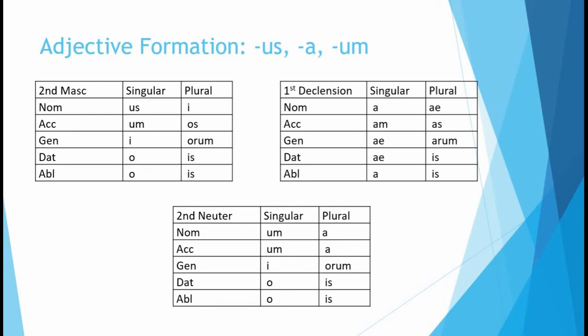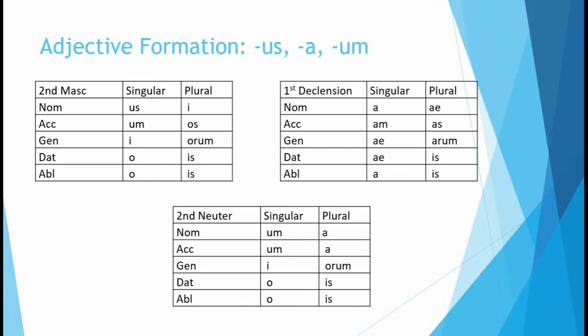So if you were talking about the nominative good girls, for example, or good slave girls even, then we could have the bonae and ancillae, okay, with that ae nominative plural ending there.